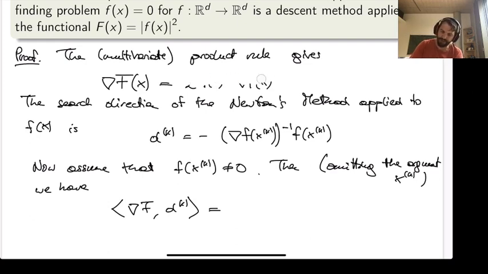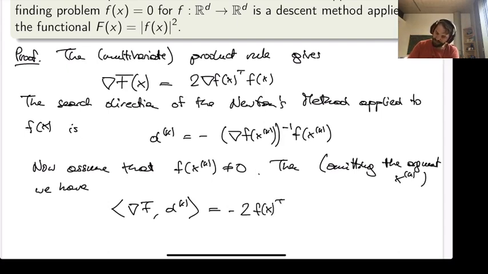So I think this should be 2 grad f of x transposed f of x, and therefore if I substitute here, I get 2 times minus 2 times f of x transposed grad f.